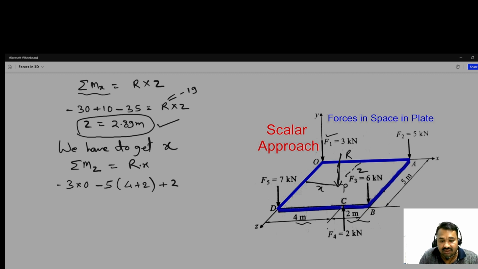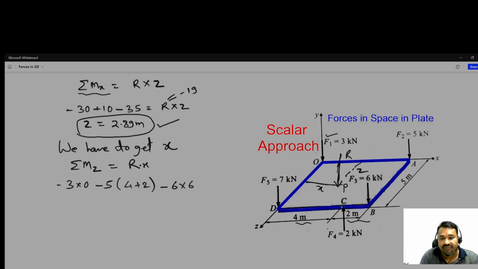Then F3, the value of F3 is 6. So 6 multiplied by the x coordinate we require, that is 6, and again minus.